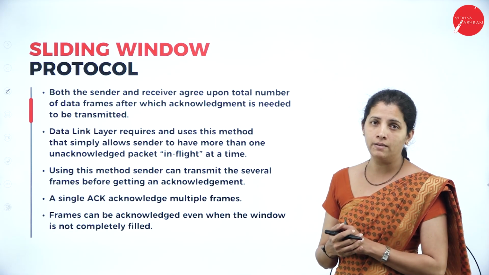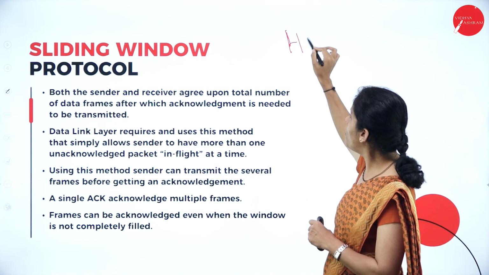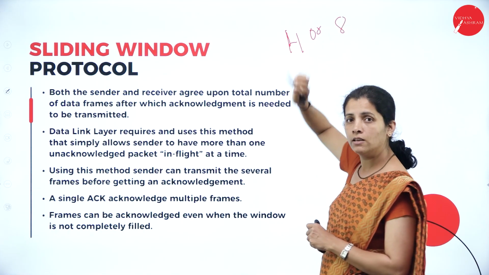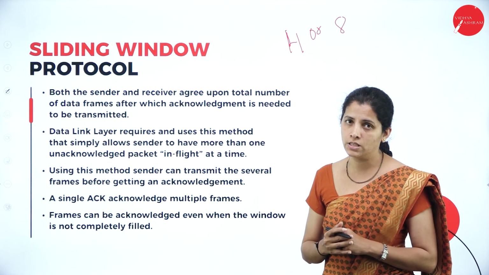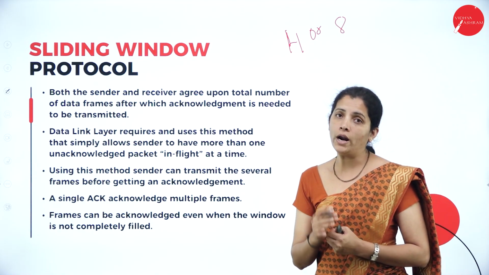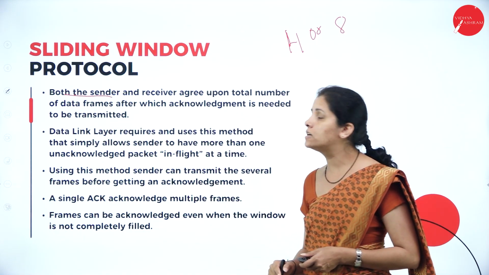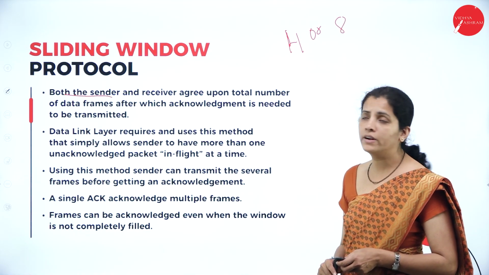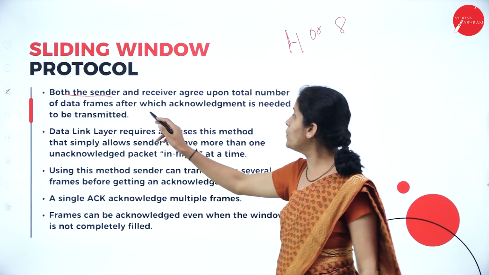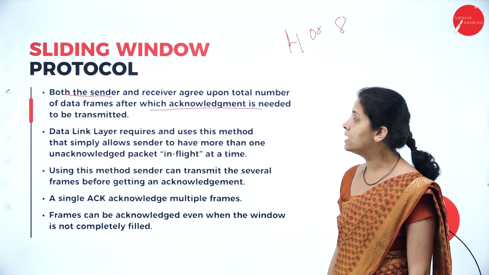For example, if the sender uses window size 4 or 8, the receiver also uses the same window size, 4 or 8. Both agree upon the total number of data frames after which an acknowledgement needs to be transmitted.